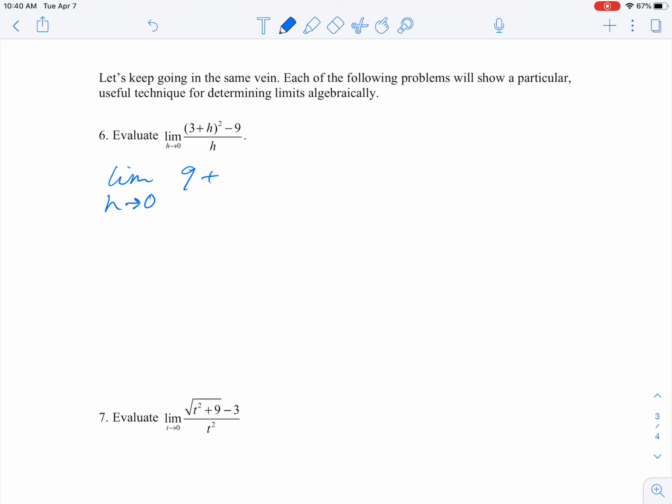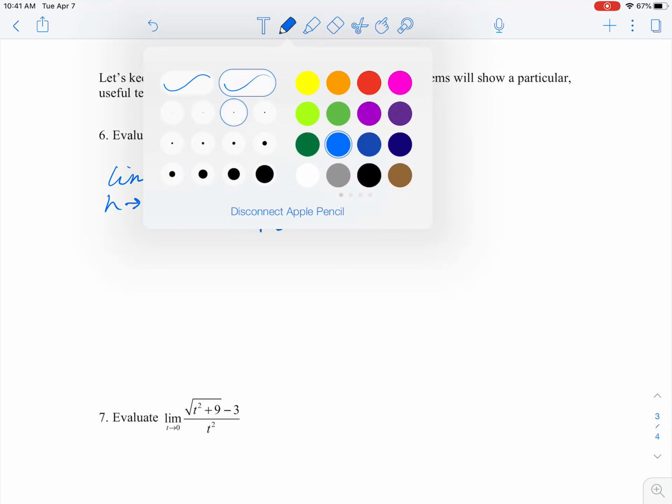So we're going to FOIL (3 plus h) squared. That'll give me 9 plus 6h plus h squared minus 9, we're still all over h. Now, I don't actually need these parentheses. These parentheses are redundant.